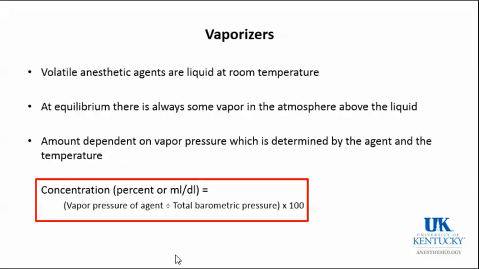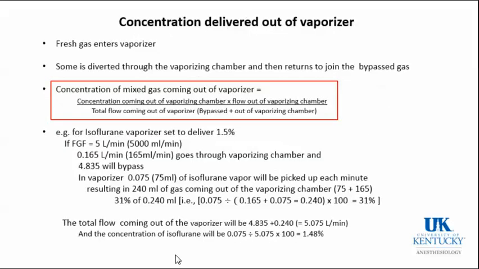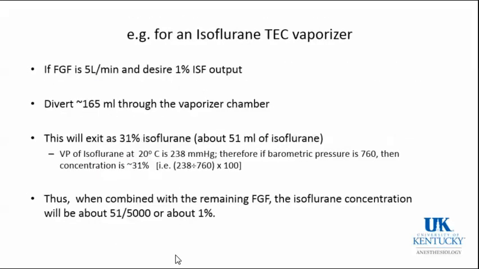Basically, we said before, the concentration of agent is given by the vapor pressure divided by the barometric pressure, which we already reviewed.